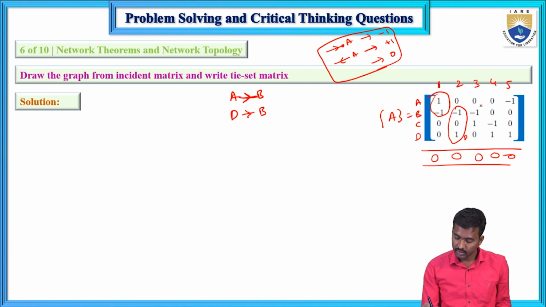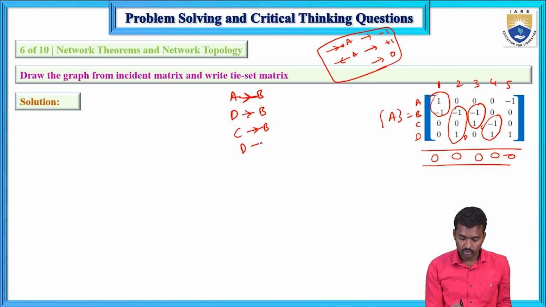Next B to C, C to D, C to B, and next D to C, D to C, next D to A, D to A.